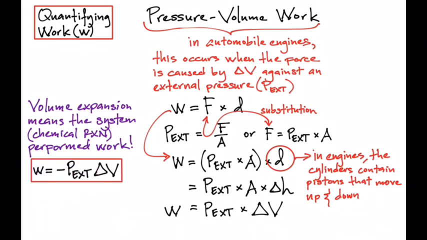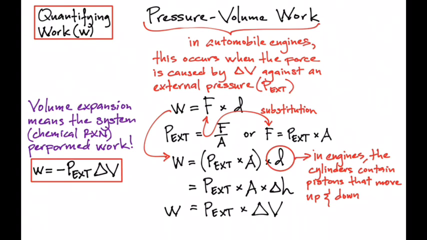And because of that, we put a negative sign in front of the formula. So now work is equal to the negative external pressure times the change in volume. So this is the equation for work. The negative sign just indicates that you have a volume expansion, and it's usually the system that's performing work.